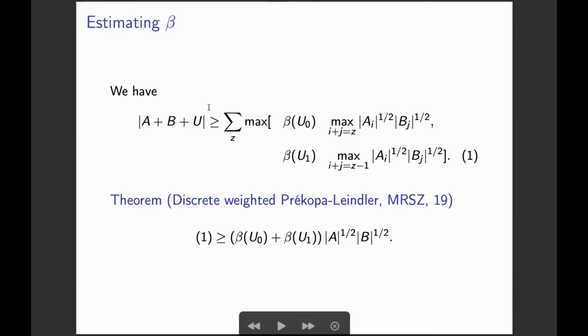And it turns out that we can bound this sum over maxima quite effectively using what we call the weighted Prékopa inequality, which is the central result of the paper. It says that for any a and b, you can bound this sum with beta u_0 plus beta u_1 times the square root of the product set.